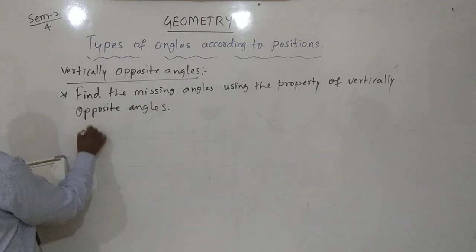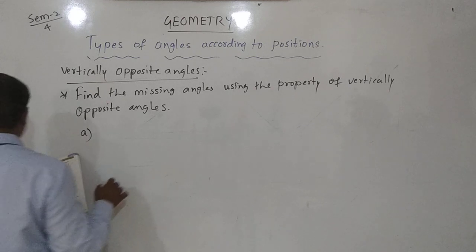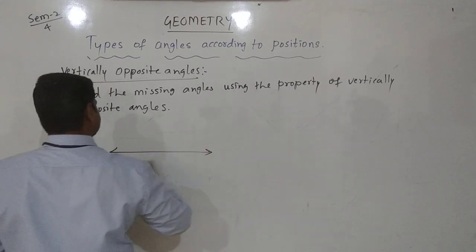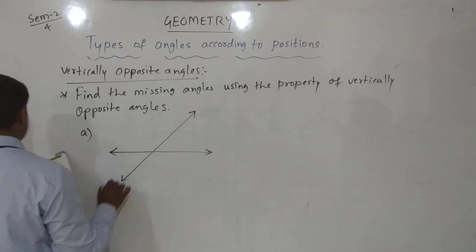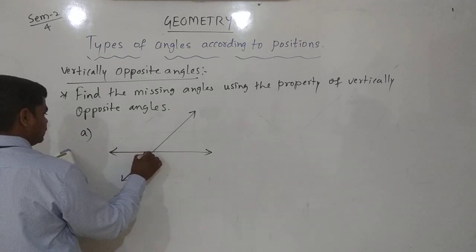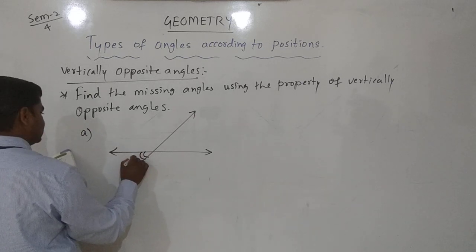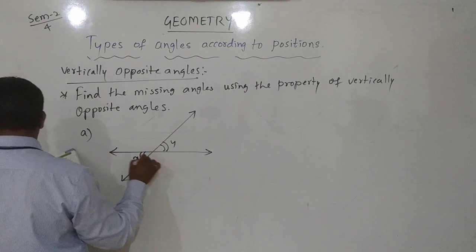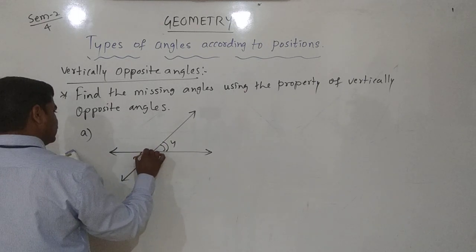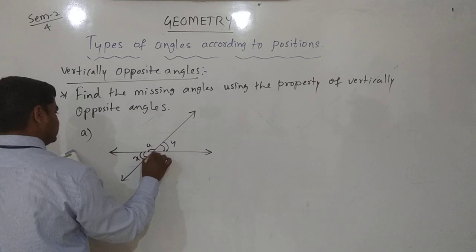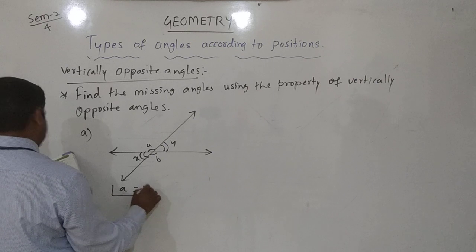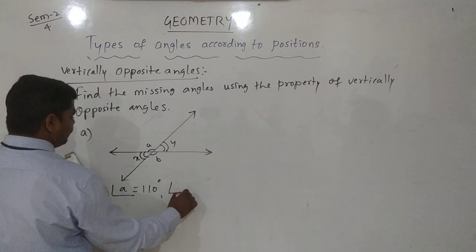Yes, A, that is the figure. This is the given figure. This angle is named X, this angle is named Y, and this is A and this is B. Here A is equal to 110 degrees, and B?